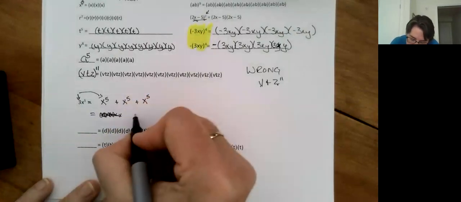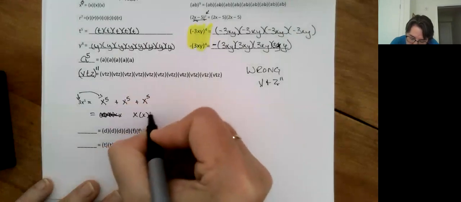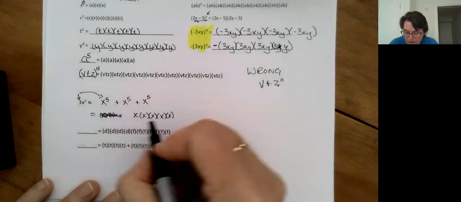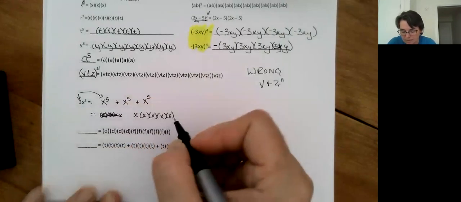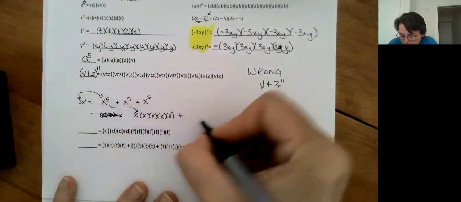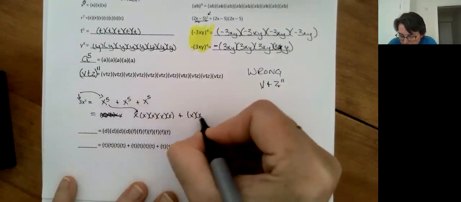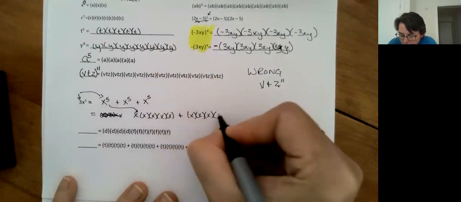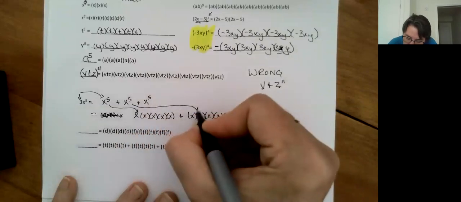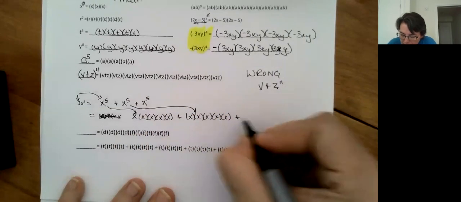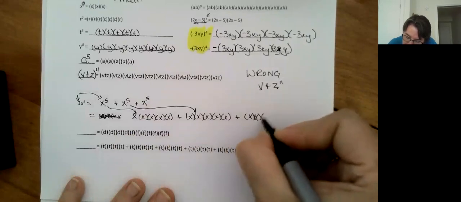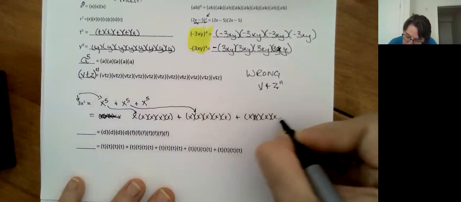That's awful. One, 2, 3, 4, 5. So that's that one. And then we have a plus, and then we got 1, 2, plus 2, 3, 4.